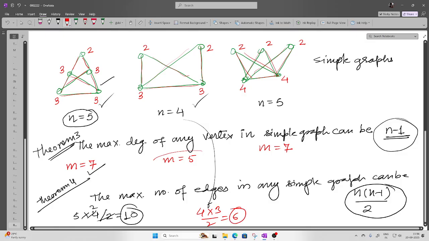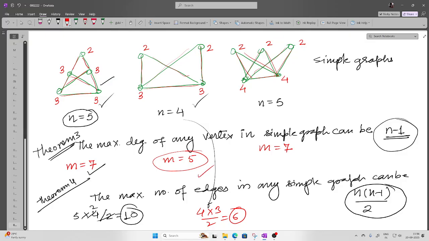And how many edges do we have? 5. So again, possible. And if you look at this particular graph, then we can say that the maximum number of edges this particular graph can have is 7 times 6 by 2, that is 21.